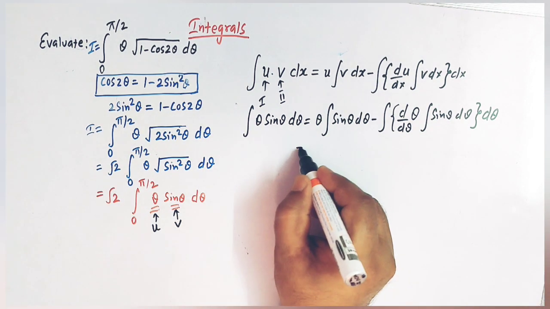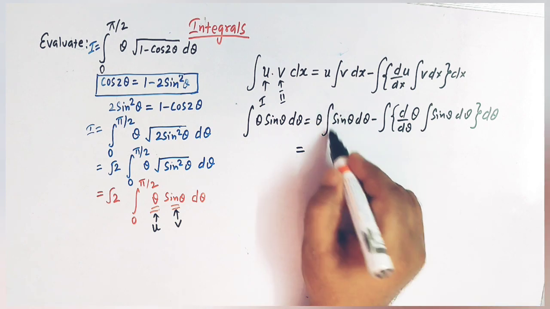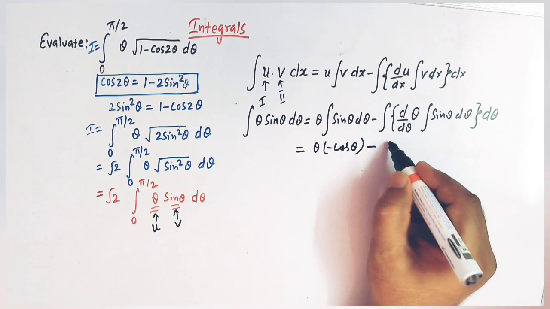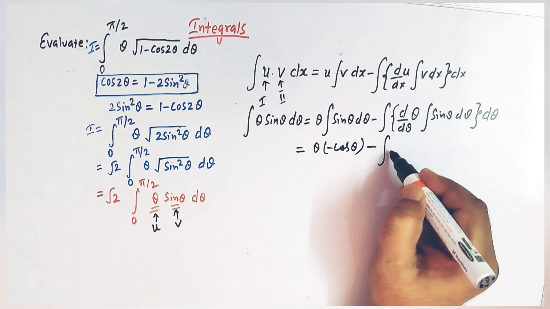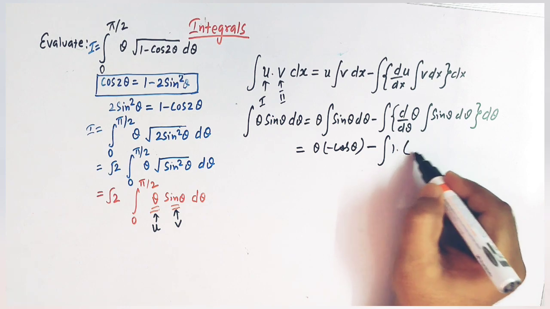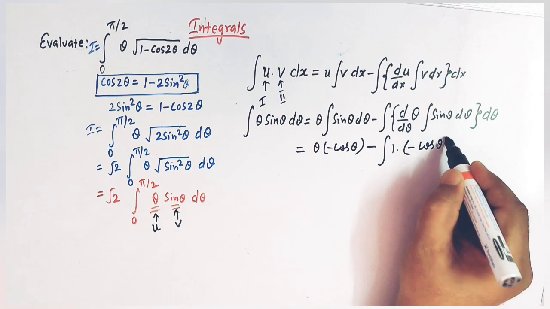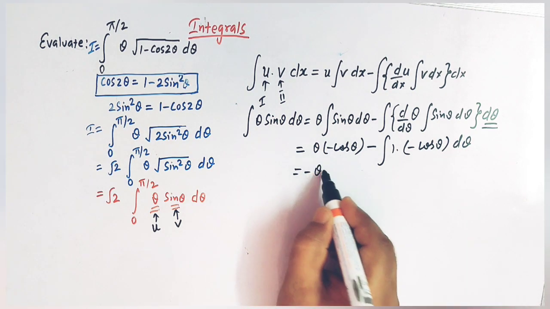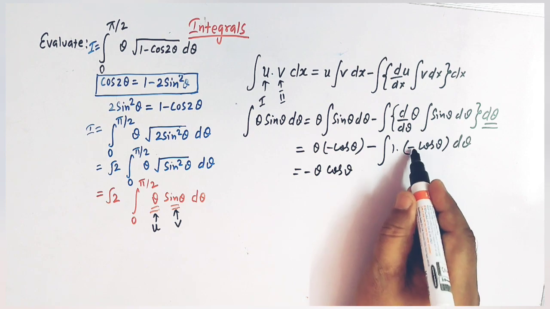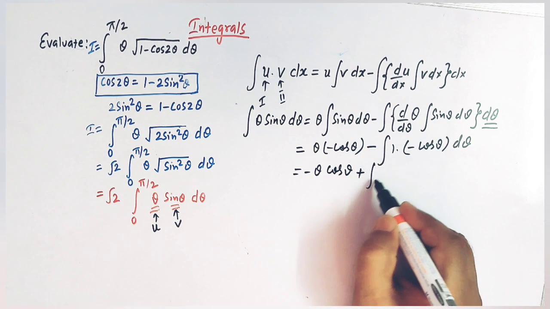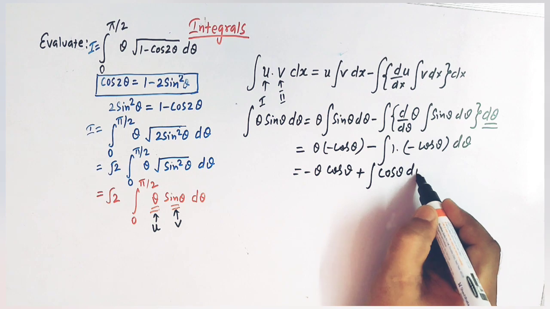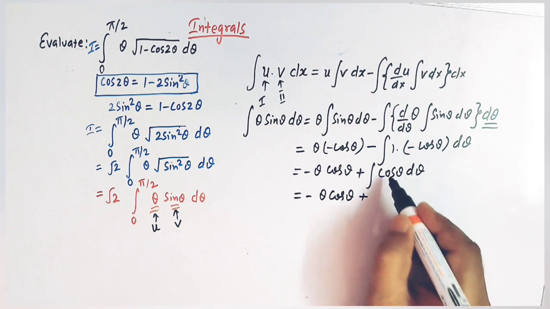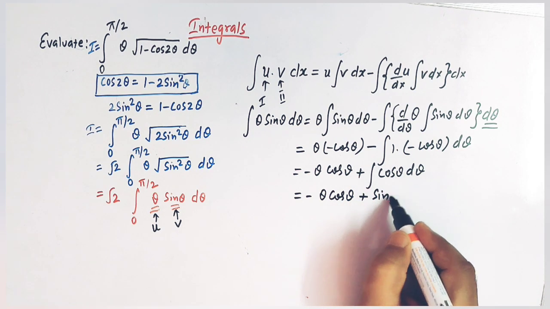Now the well-known result for integral of sine theta is minus cos theta, and the derivative of theta with respect to theta is 1. So this is minus theta cos theta, then minus minus plus, and here we have integral of cos theta d theta. So this is minus theta cos theta plus sine theta, since integral of cos theta is sine theta, right?